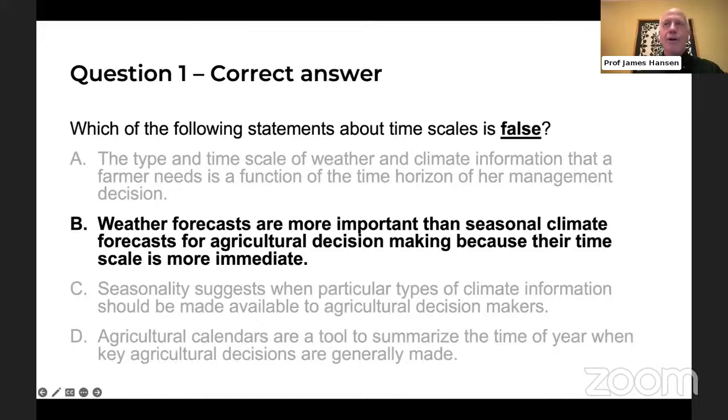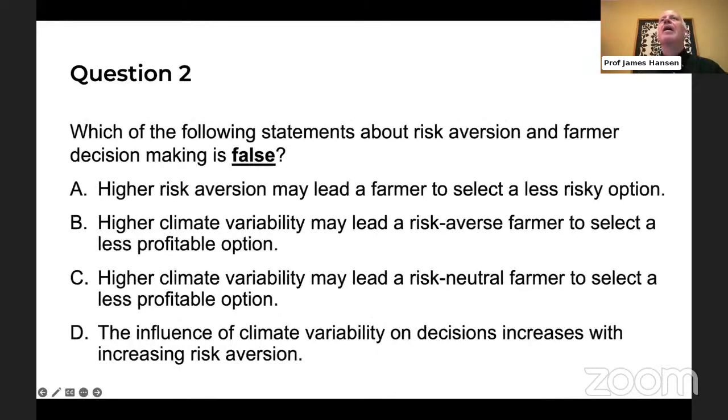Weather forecasts are important for short lead time tactical decisions, such as supplemental irrigation, when to harvest, when to plant. Seasonal climate forecasts at a longer lead time are important for many other decisions. So there's no basis for saying which is more important. But it is true that weather forecasts have a more immediate time scale, and so they must be assessed more accurately. So that statement is a false statement.